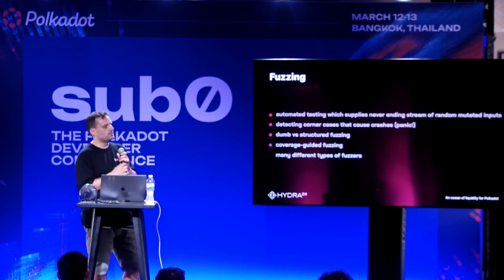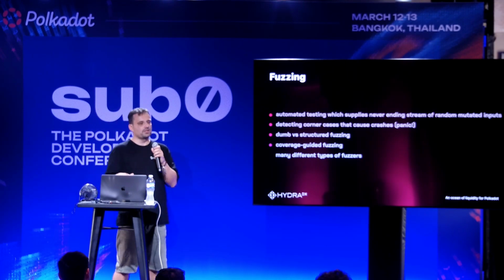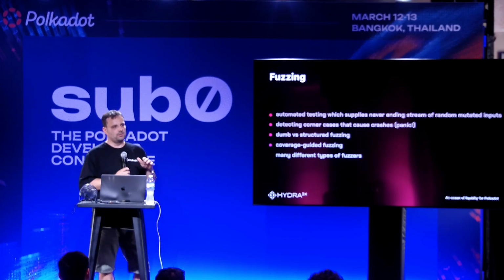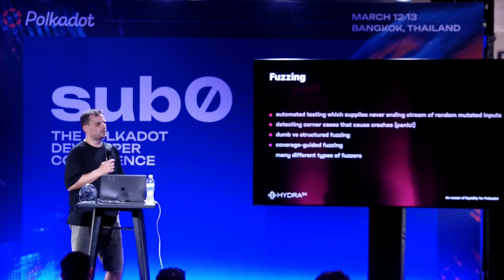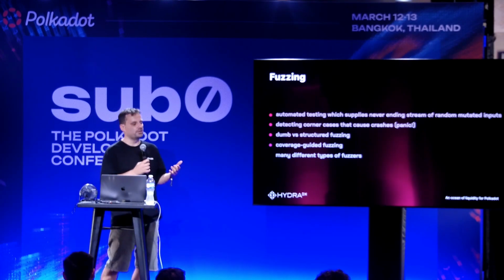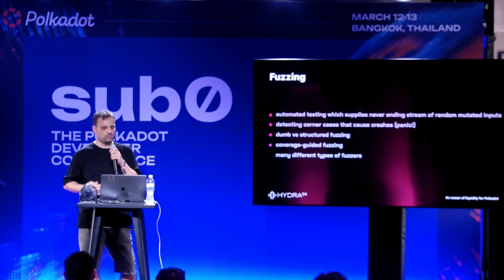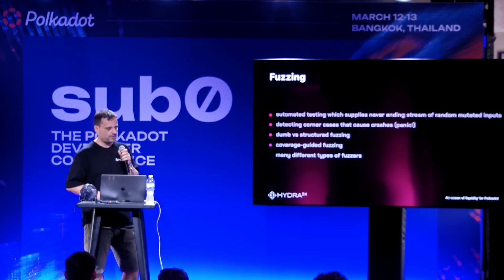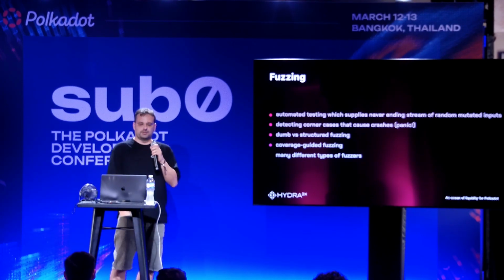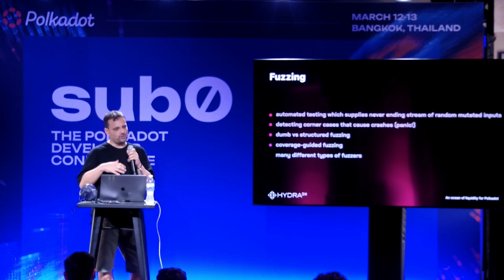So it helps you to detect corner cases. For example, it can help you detect a panic in your code that you maybe didn't even know was there, or maybe you knew it was there, but you didn't think that it could be reachable. But maybe the fuzzer can help you find a case or the conditions under which you can reach this panic.